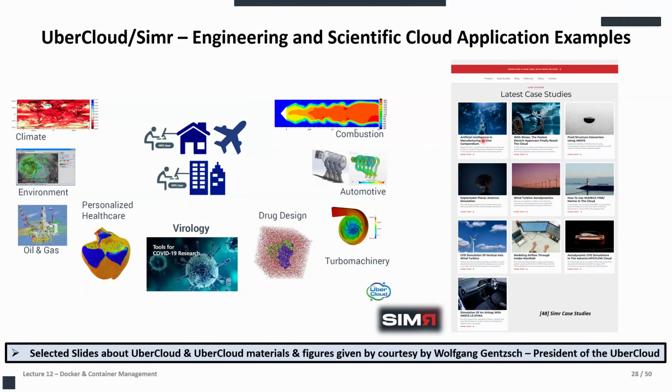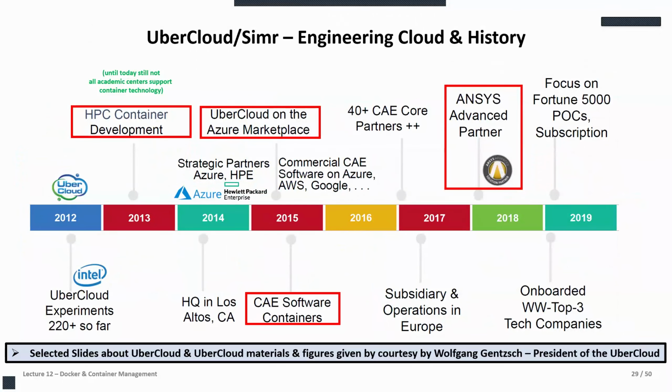Also, artificial intelligence is something which is now coming more to manufacturing areas and so on, where, of course, the containers that we set up around deep learning could also be useful. Now, again, thinking about how old this company is, and as I said, it is SimR by now, you see that from the beginning, the idea of using container technology was part of it, right?